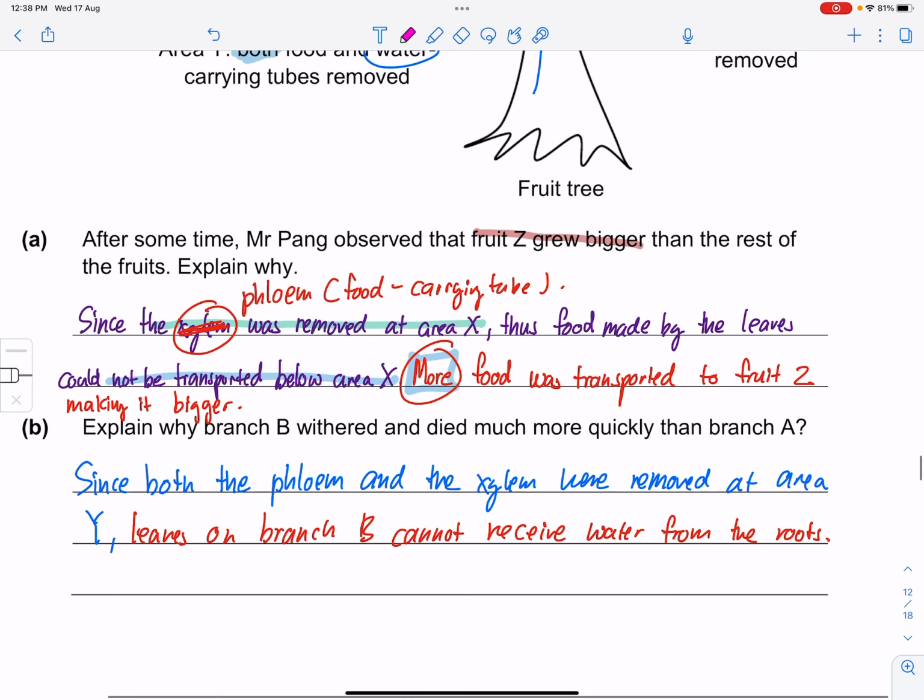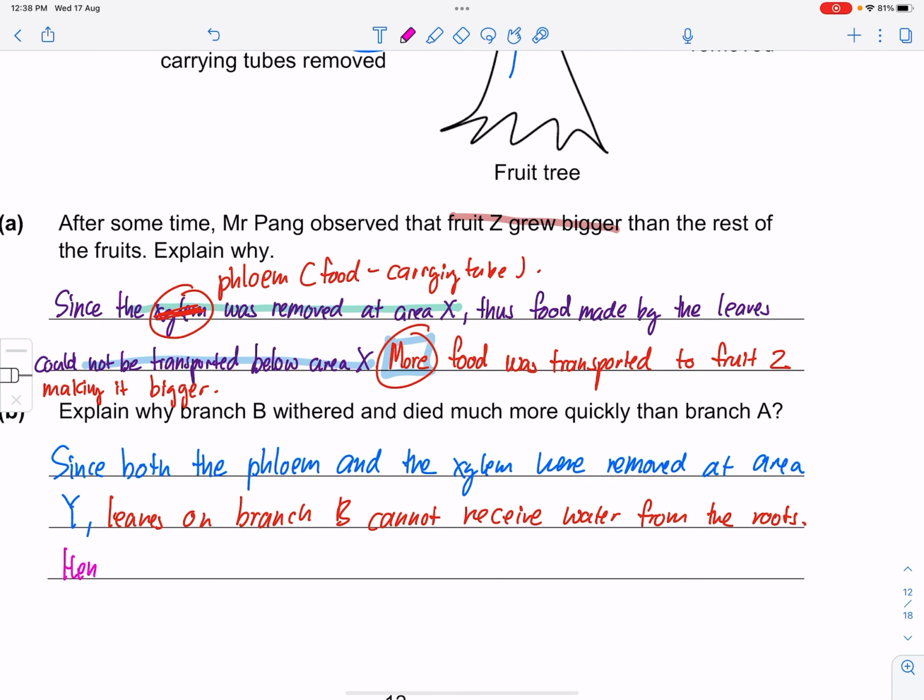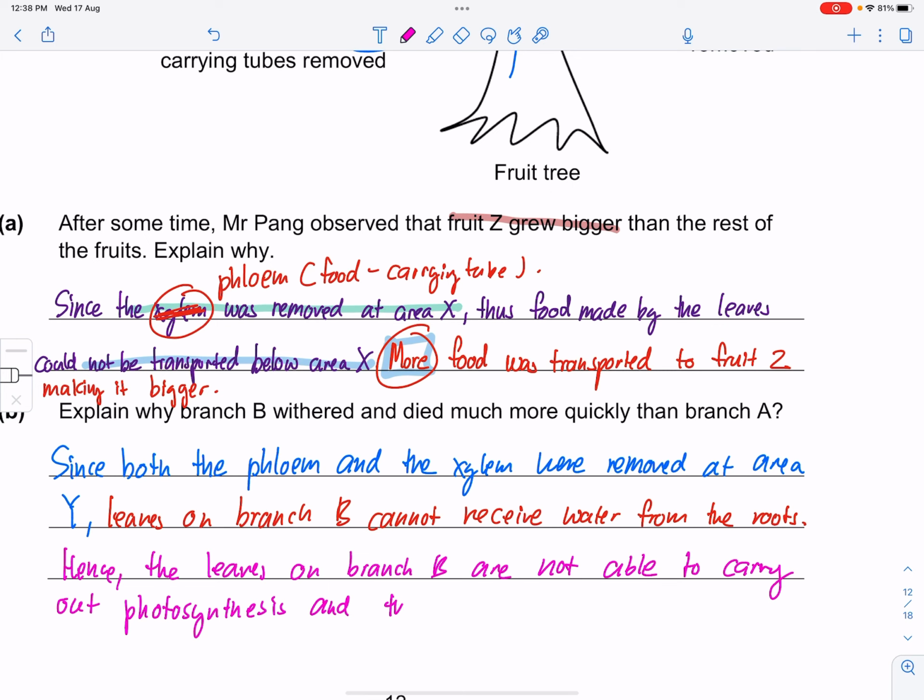Next point. Hence, the leaves on branch B are not able to carry out photosynthesis and the branch dies without food.